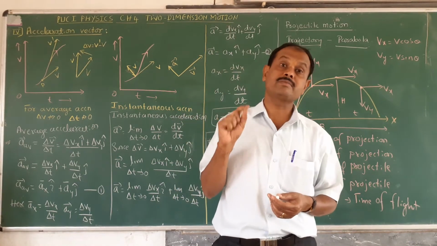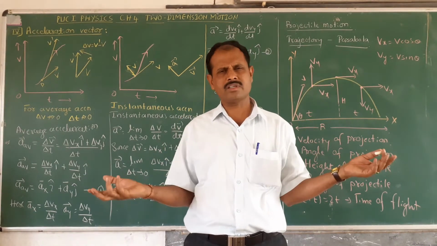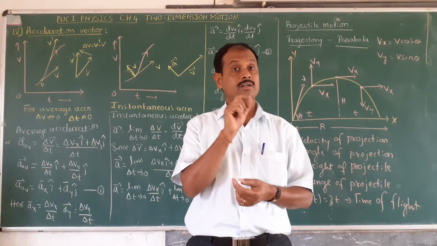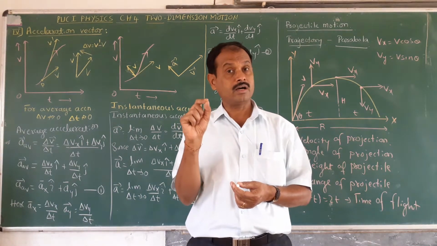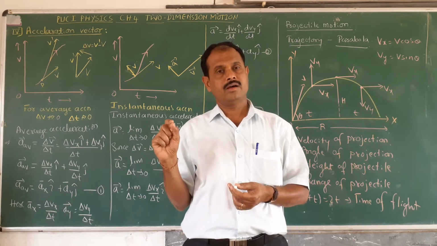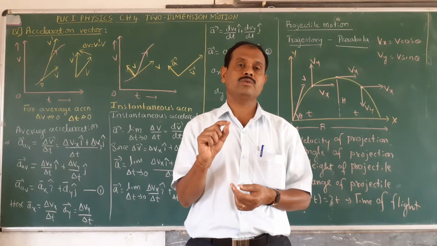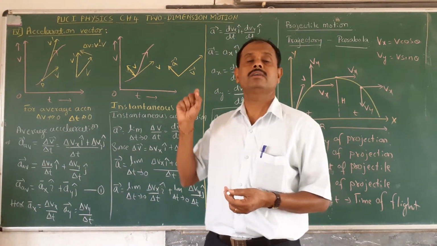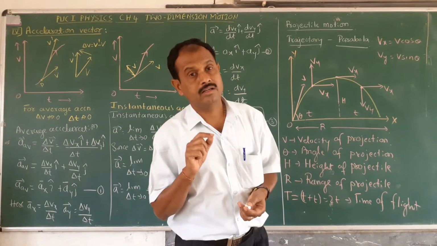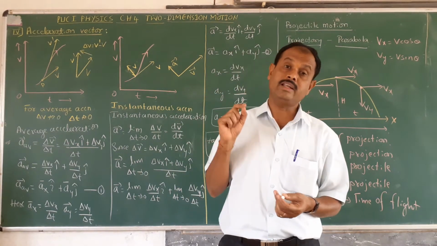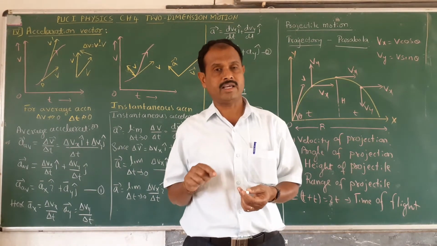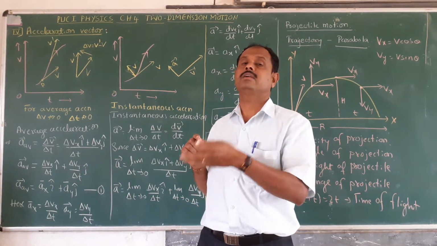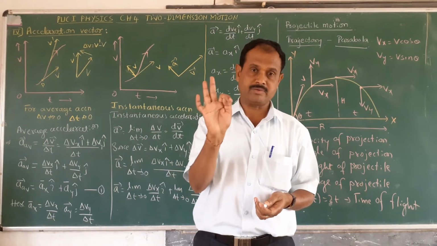Delta r indicates the displacement vector in two dimensions or three dimensions. Here we take two dimensions, therefore only two coordinates: delta x i cap plus delta y j cap. Now the magnitude of delta r is the square root of delta x square plus delta y square, and the direction is tan theta equal to delta y by delta x, so theta is equal to tan inverse of delta y by delta x. Like that, the displacement vector. This is the second thing.